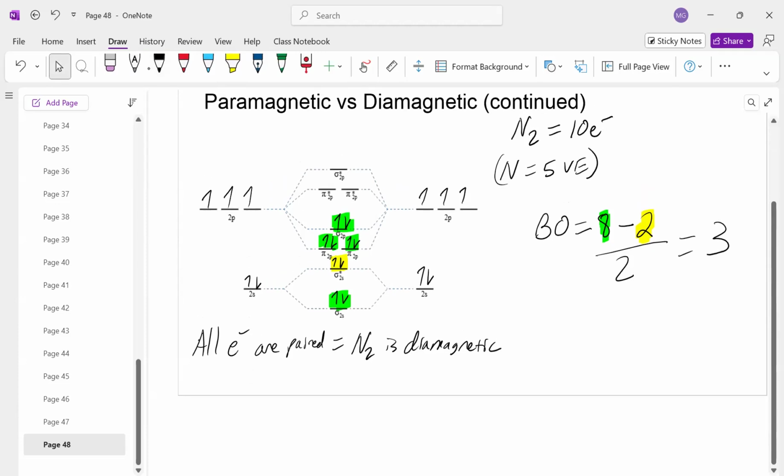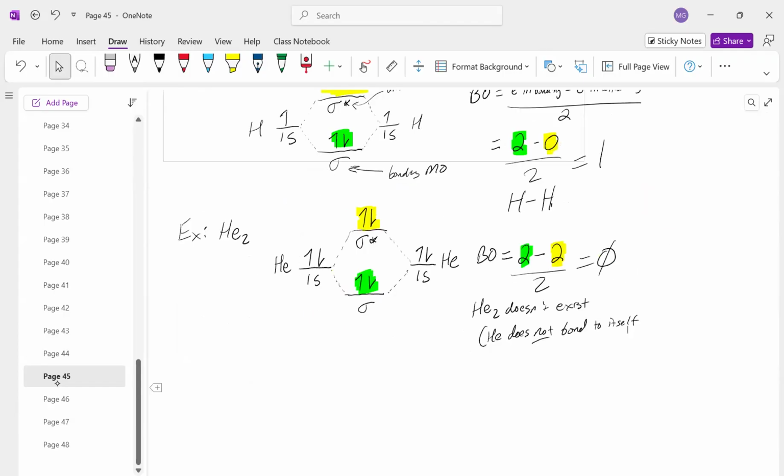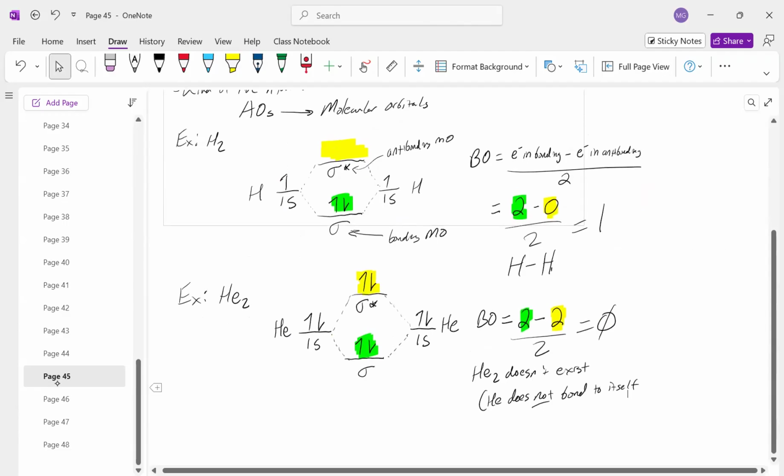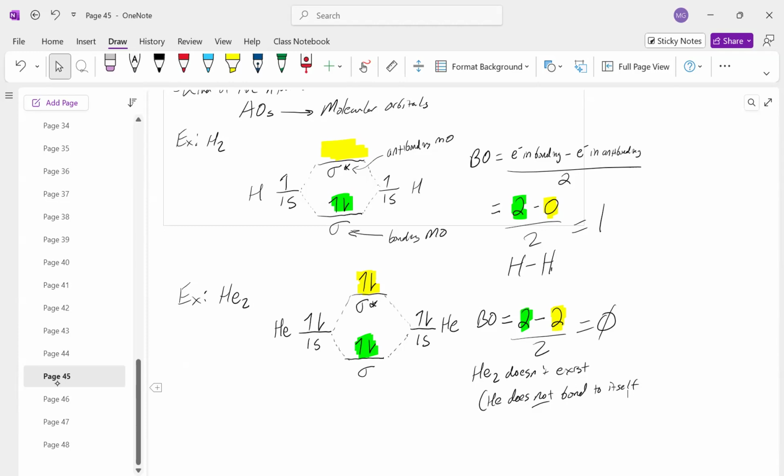So hopefully this helps with diving a little bit deeper into molecular orbital theory. As far as what you'll see on an exam, I'd like you to be able to fill out a molecular orbital diagram like we've done here for something very simple. So we've done nitrogen or oxygen, or maybe I might ask you, does a particular bond exist between 2 atoms? We saw that when we were looking at hydrogen compared to helium. We were able to determine that H2 exists, and that He2, helium-2, does not exist.